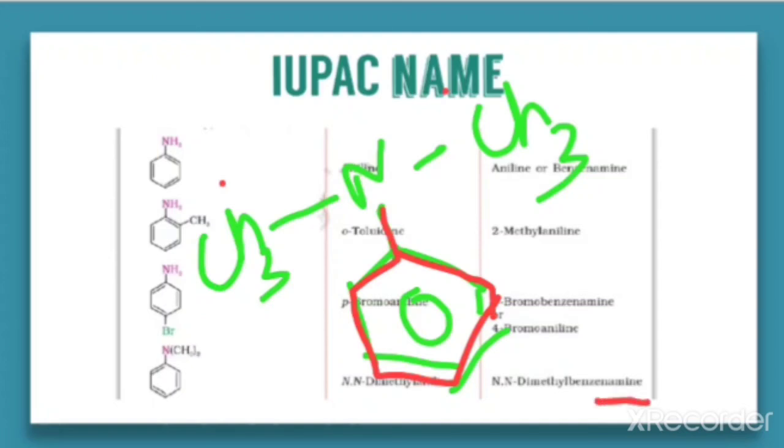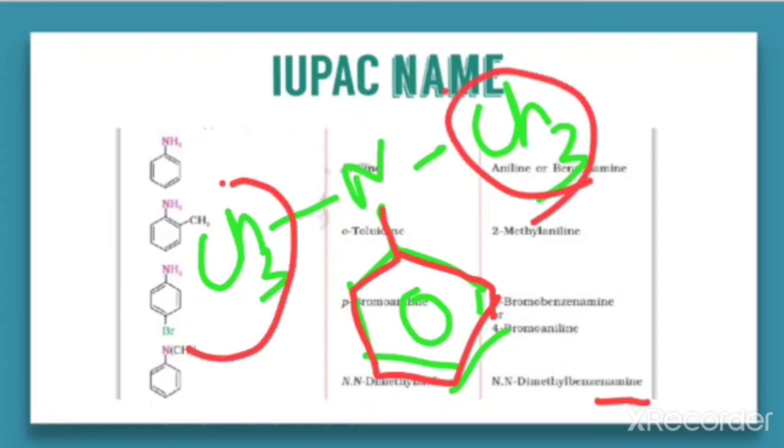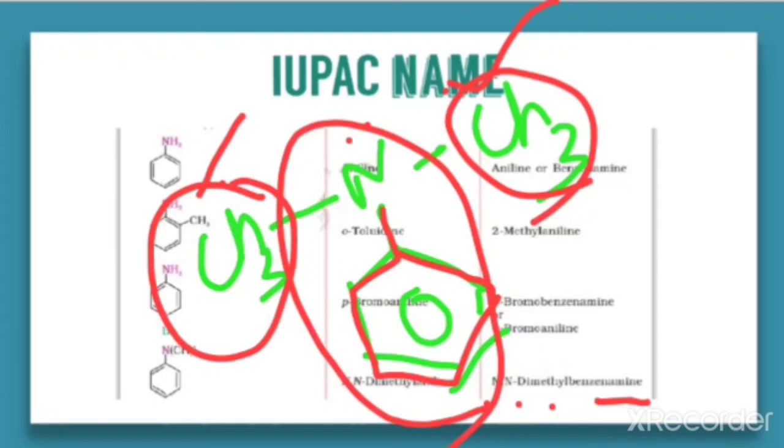And here the two substituents are attached to nitrogen. Therefore it is named as N,N-dimethylbenzylamine. So the name of this compound is N,N-dimethyl because two methyl groups are attached on the nitrogen, and together it is named as benzylamine.